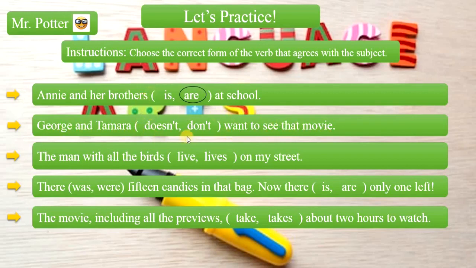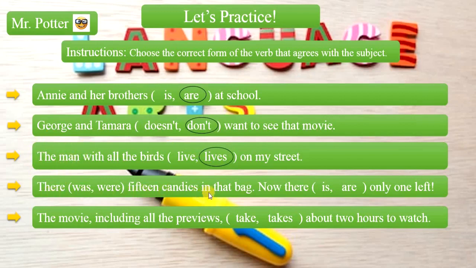What are we going to use? Don't. Very good. Why? Because we are talking about George and Tamara, which is plural. The man with all the dogs on my street. What is the verb that we are going to use? Lives. Because we are talking about the man, which is singular. We are talking about only one.